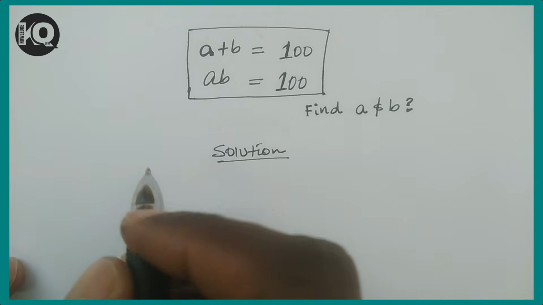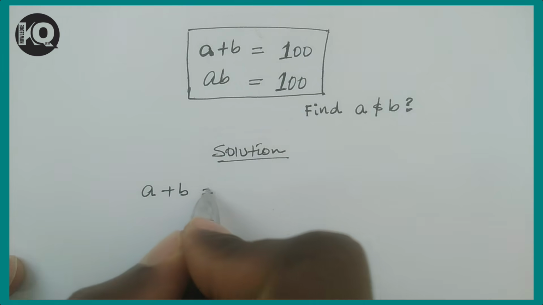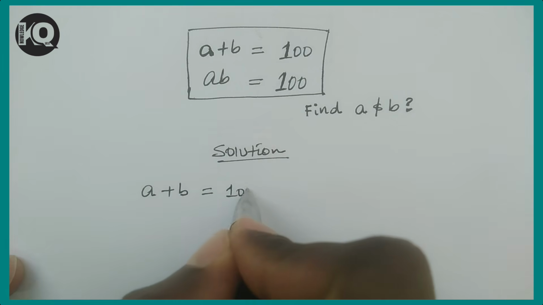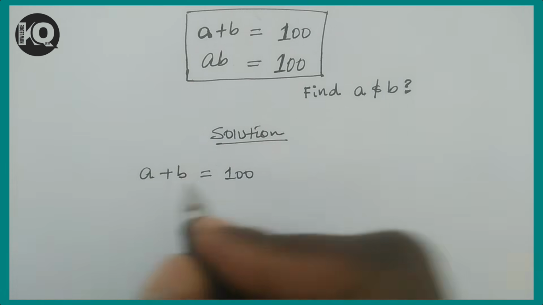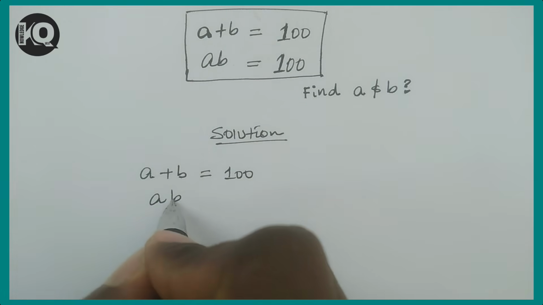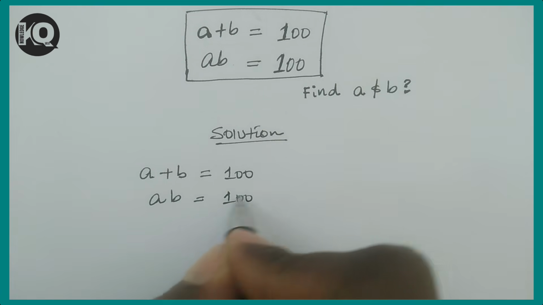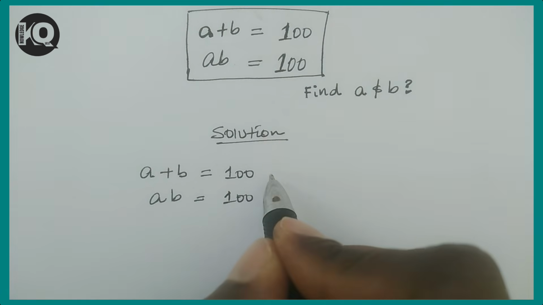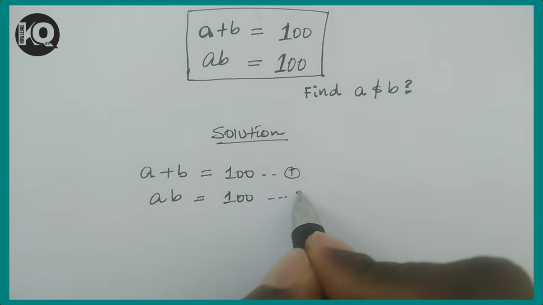First let's recall the problem, which is a plus b equal to 100, and a times b equal to 100. Let's assign this as equation 1 and the second one as equation 2.